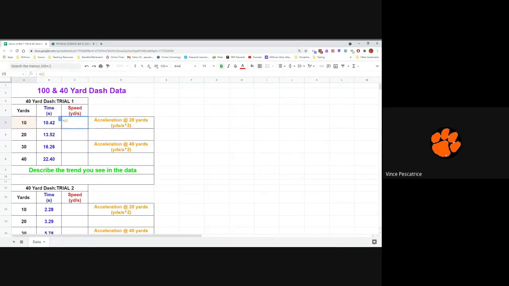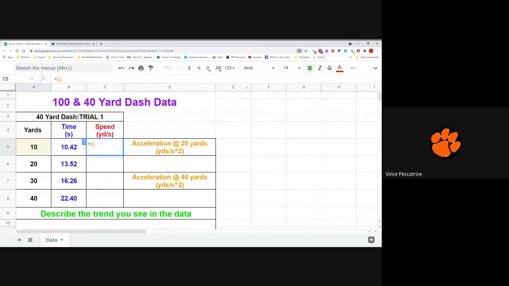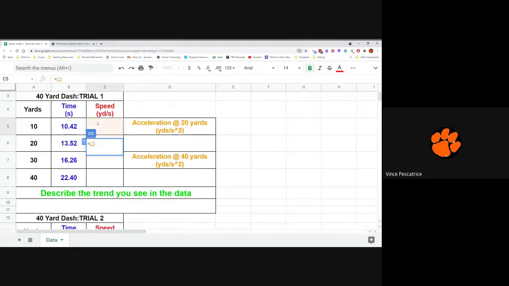I'm going to zoom in a little bit. You should see an orange A5 pop up on your screen like mine is here. So again, equals 10, and then slash means divided by. You're going to type the slash button on the keyboard, and then you want to divide it by the time, so you're going to click on the time box.